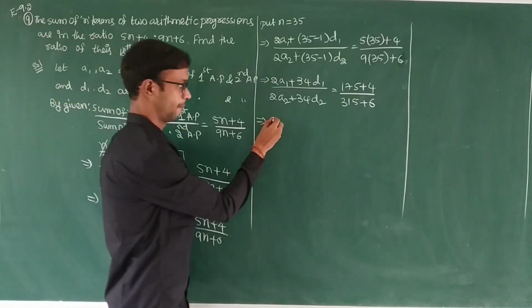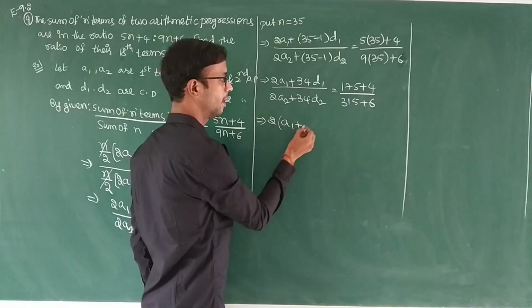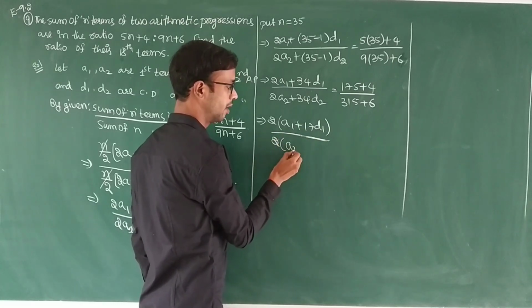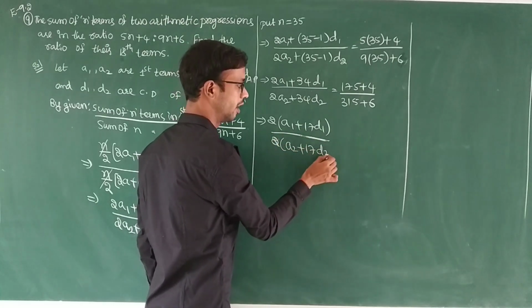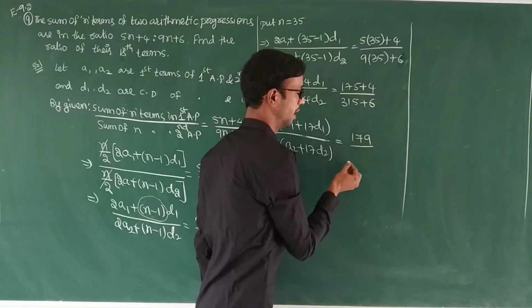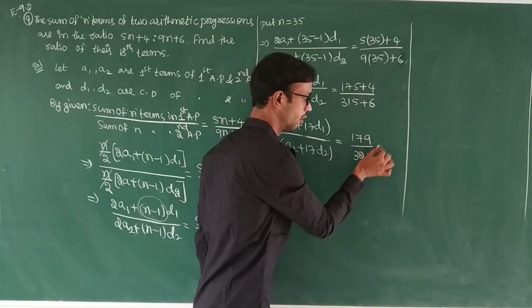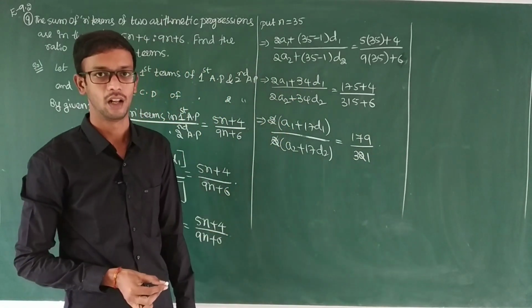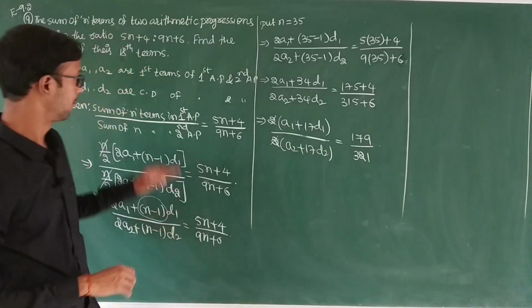Take 2 common: A1 plus 17B1 divided by 2 take common, A2 plus 17B2 is equal to 179 divided by 321. The 2 gets cancelled.